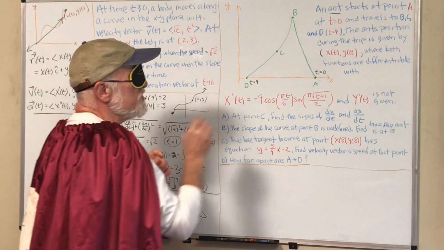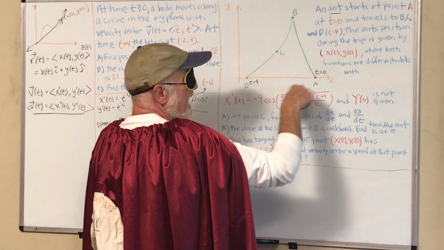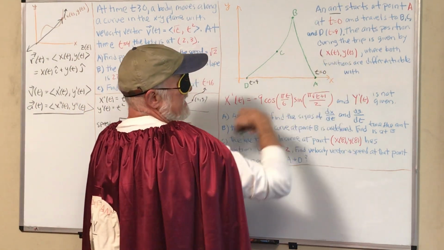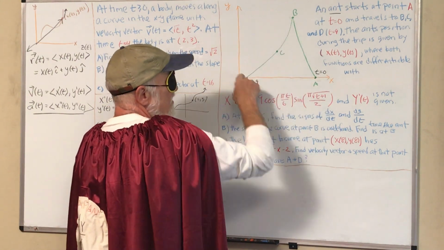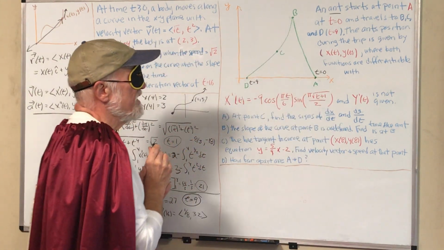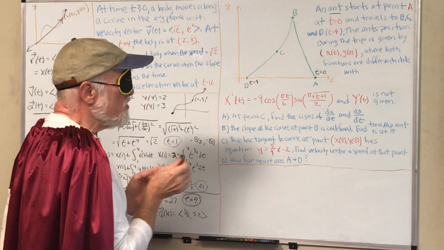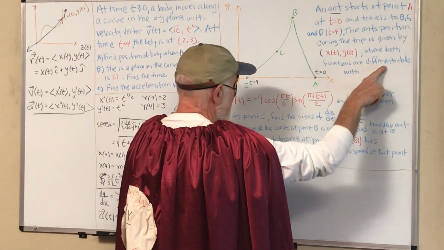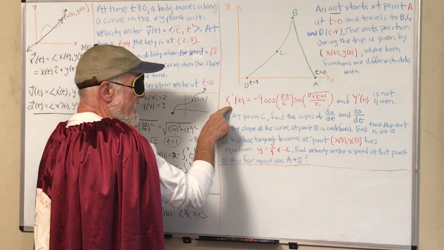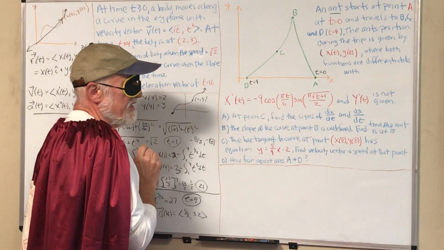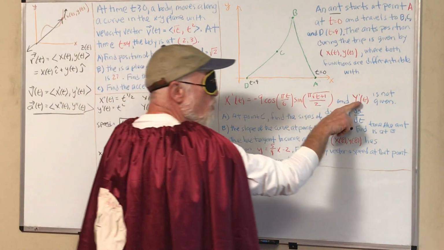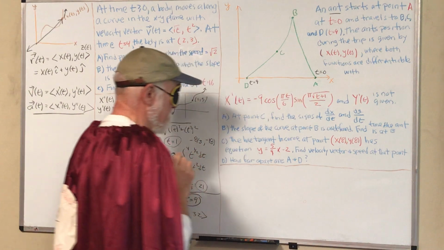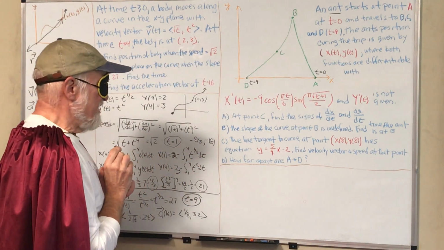The ant's position during the trip is given by x of t, y of t, because this is in the xy coordinate system. We don't know those, but they're both differentiable functions, but we do know x prime of t. Unfortunately, we don't know y prime of t. Let's see what we can find out of this.